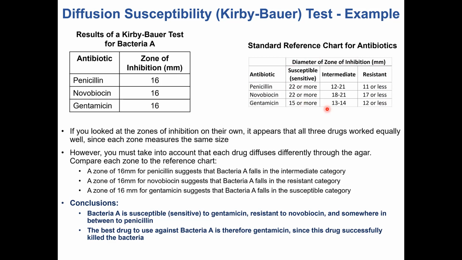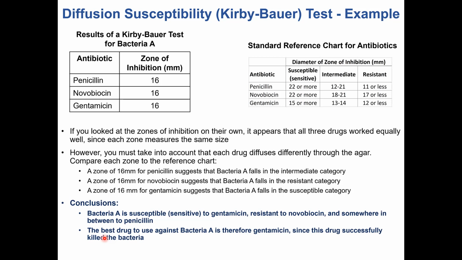So when you're doing this lab, the setup is very easy as I described. Measuring the diameters is fairly easy. It's just a ruler. The tricky part here is understanding how to use a reference chart and then understanding what those things mean. So let me just reiterate. You want to know which antibiotics worked and which ones didn't.